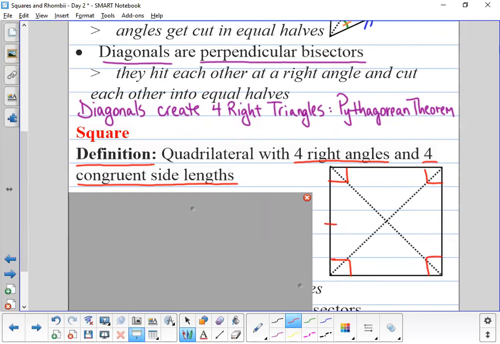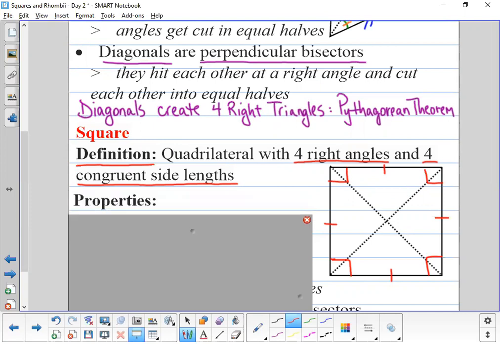And I will mark my 4 congruent sides. That means a square is also a rhombus because a rhombus has 4 congruent sides. And we know that rhombi and rectangles are also parallelograms, so a square is also a parallelogram. It is the most specific parallelogram and rectangle and rhombus that you can get.